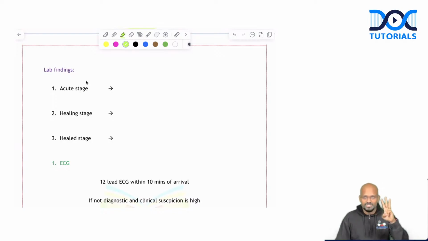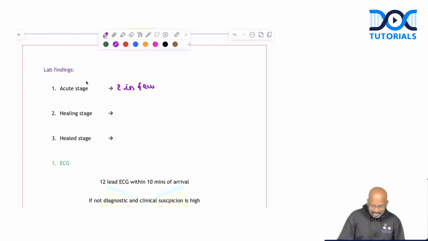There might be three different stages in how the disease progresses: acute stage, healing stage, and healed stage. Acute stage means within a few hours of the chest pain. This is an important question, guys: till what time will this patient be in the acute stage?